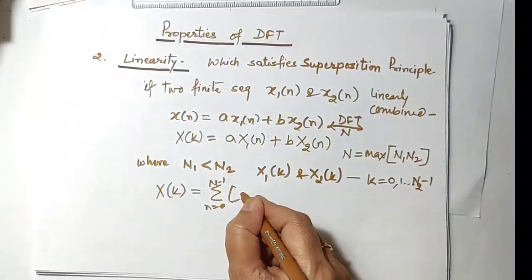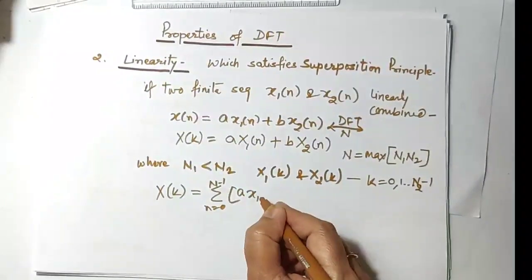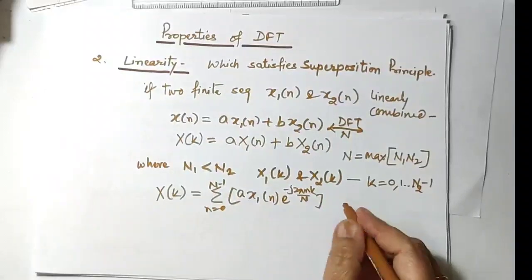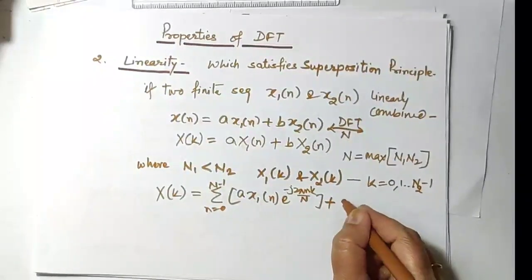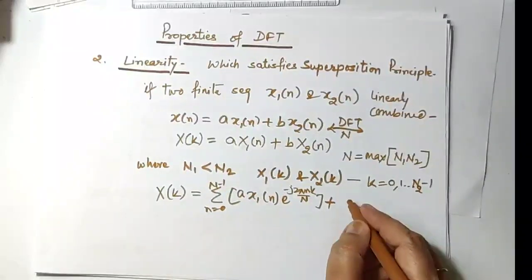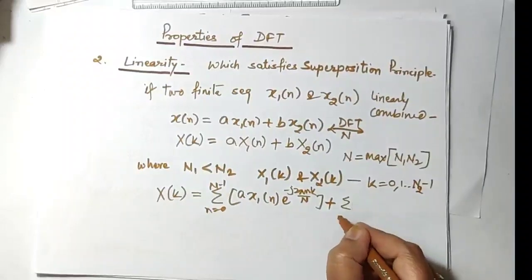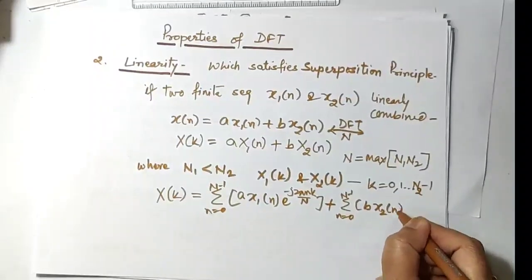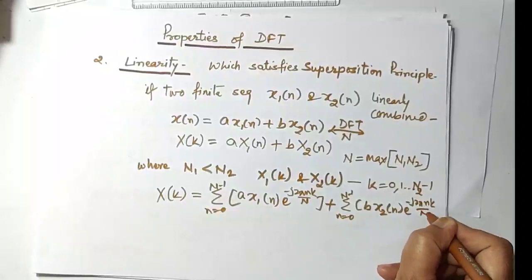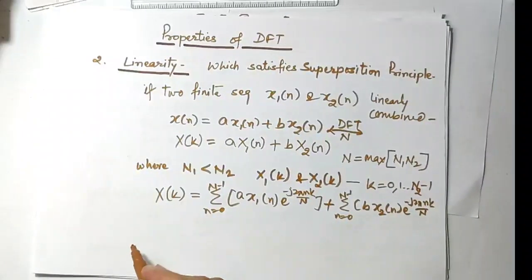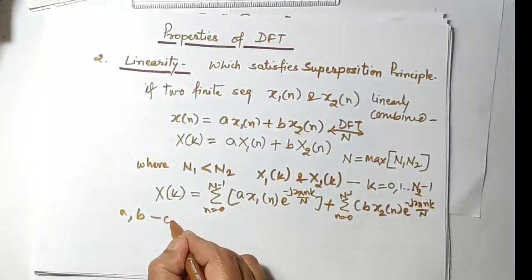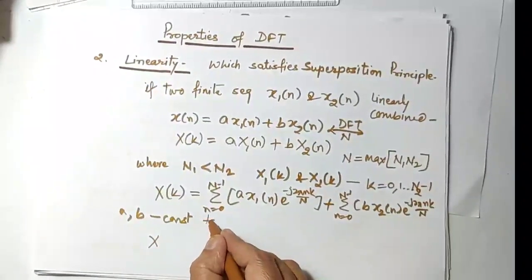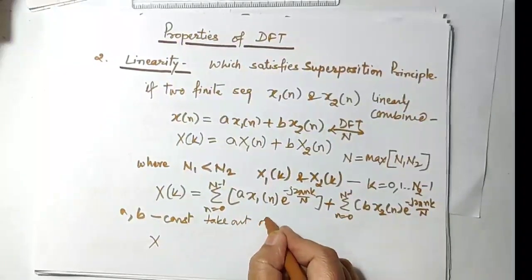We will have the summation of a x1(n) e to the power minus j 2 pi n k over N, plus again the summation of b x2(n) e to the power minus j 2 pi n k over N. Now a and b are arbitrary constants, so we can take them out of the summation in X(k).